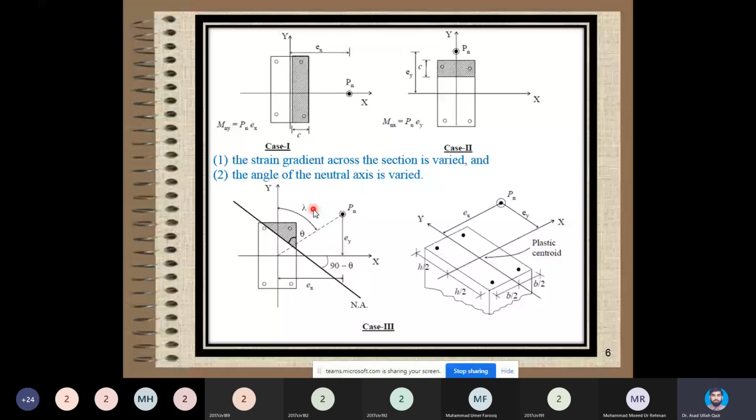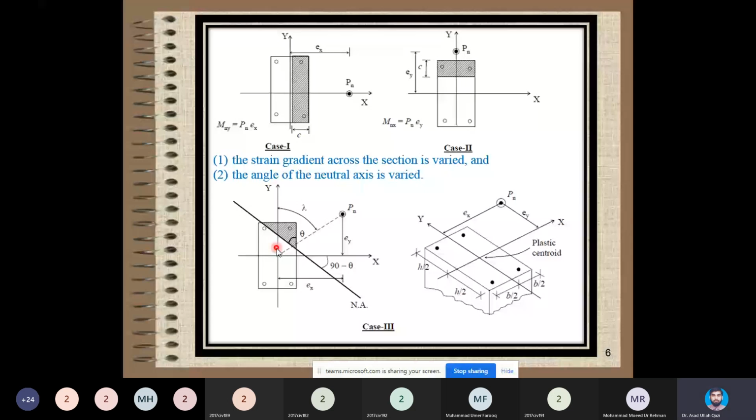And theta 90 means that we are actually looking at case 2, where Mx is present. I'm just discussing the orientation of the neutral axis. When theta is 90 degrees, it means Pn has moved along the y-axis and lambda will be 0.